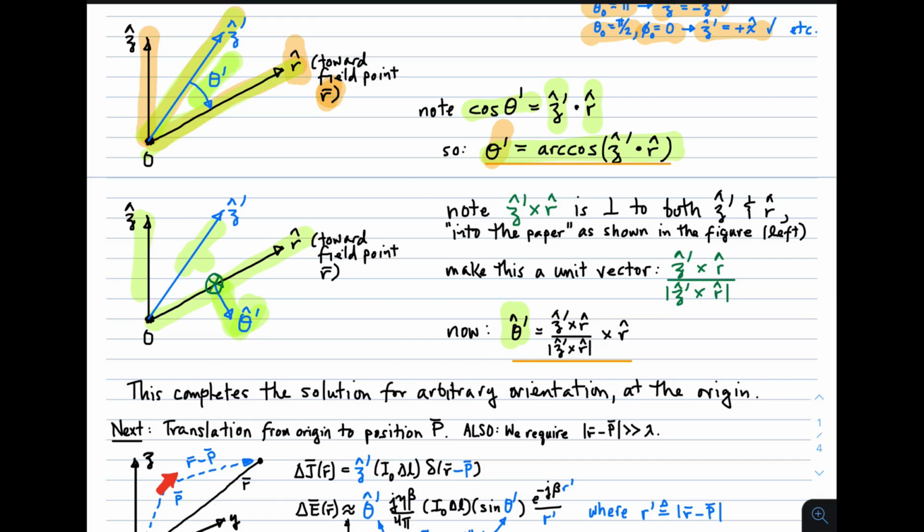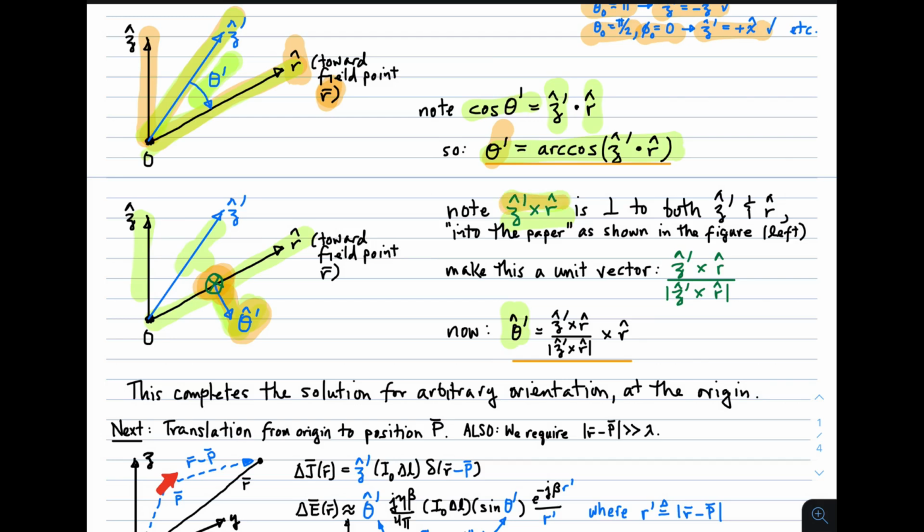So here's what we do. We note first that z hat prime cross r, taking the cross product, is this unit vector right here that points into the page. This is the right-hand rule. You take the curled fingers of your right hand, start at z hat prime, let the fingers curl towards r hat, and your thumb points into the page. So this is the cross product of those two vectors. And then because the vector we seek is perpendicular to r hat, we can simply then take the cross product one more time to get theta hat prime.